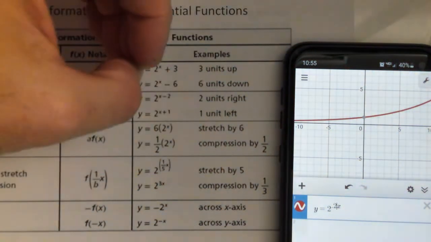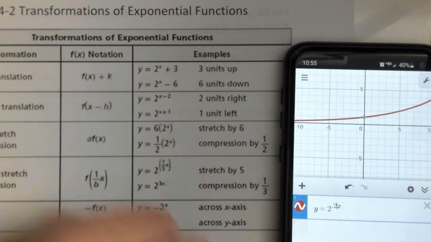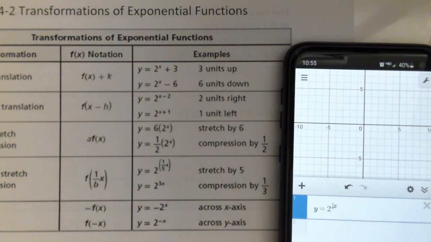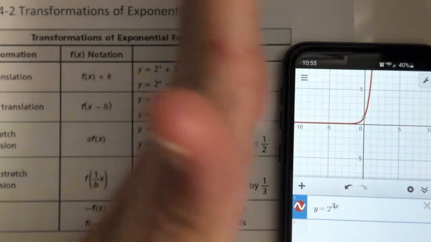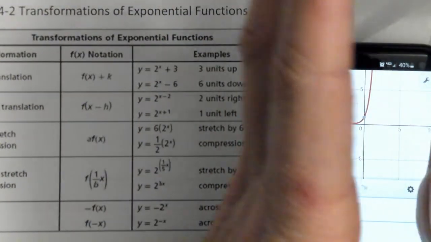So you stretch that graph horizontally by a factor of 5. What about if I multiply it by something greater than 1, like say 3? Then that is a horizontal compression by a factor of 1/3.